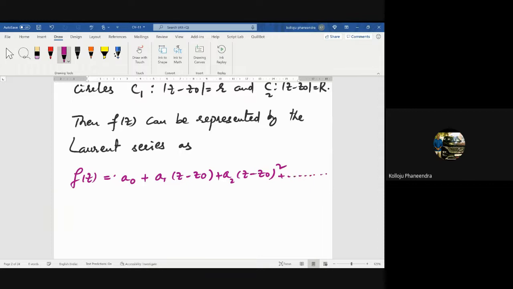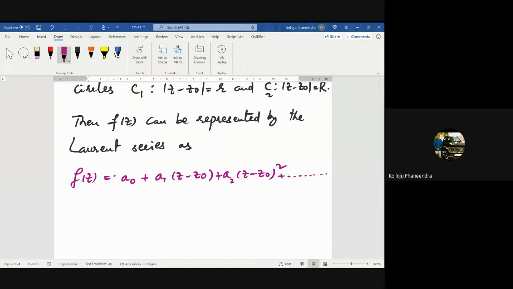Up to this, what is this one? f of z equal to a naught plus a1 z minus z naught plus a2 z minus z naught whole square. This is the Taylor series, you know, right? Where a n equal to 1 by n factorial times the nth derivative at z naught.